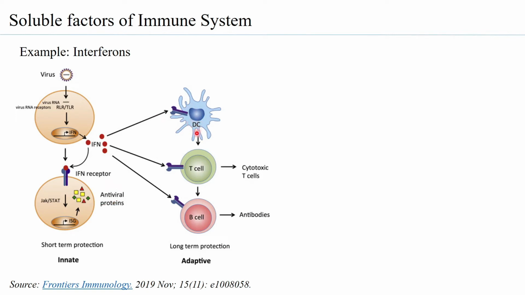Then one knows that you can have the adaptive immune system happening. So you can already see how T cells and B cells are directly activated by gamma interferon.